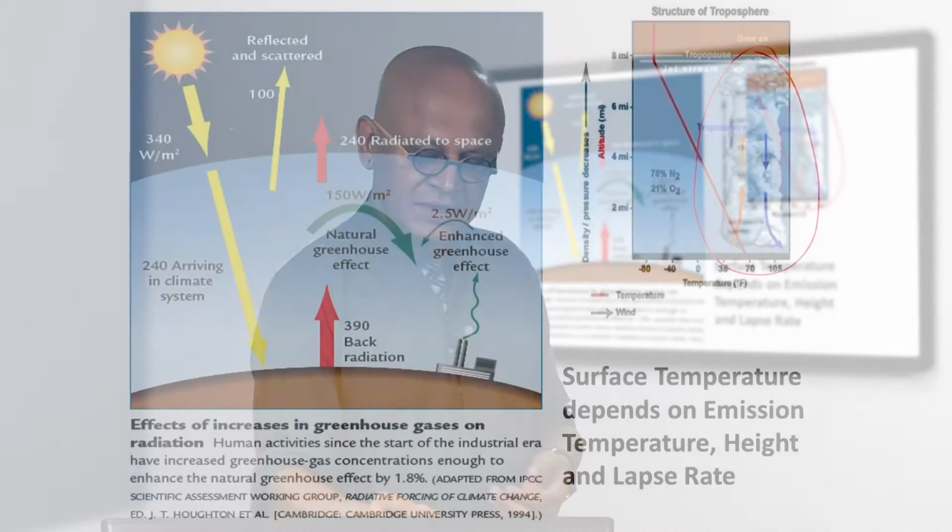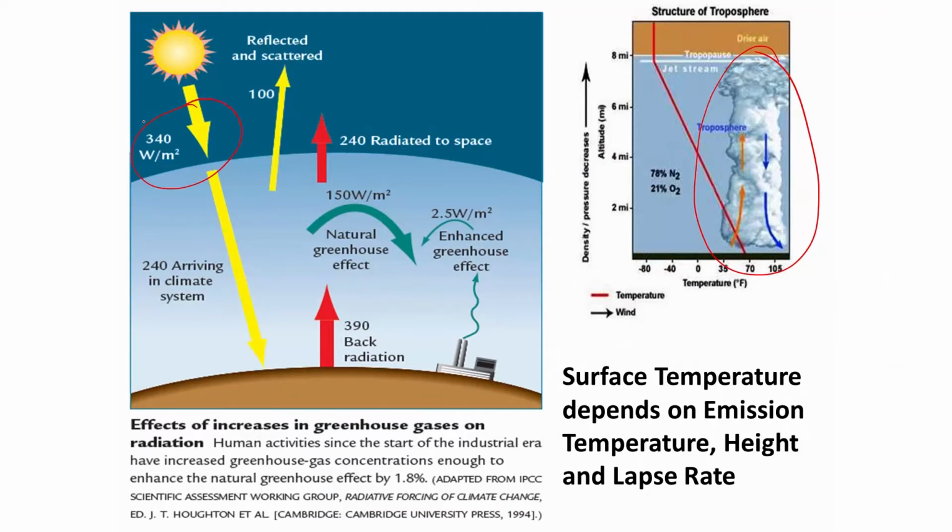So, to re-emphasize, 340 coming in, 342 give or take, 30% is reflected back because of albedo. About 240 is arriving in the climate system. It's bouncing around and creating much higher levels of energy because of the blanket of the greenhouse gases.